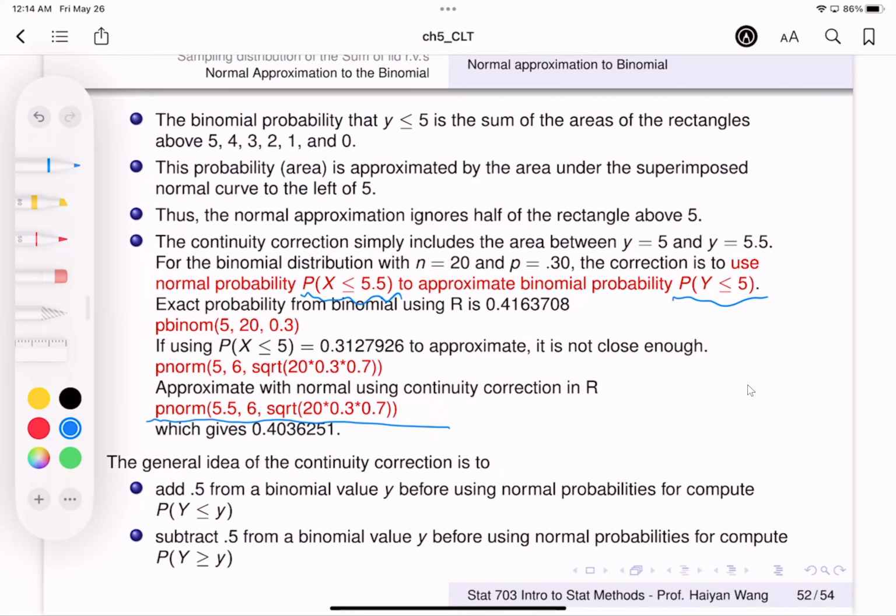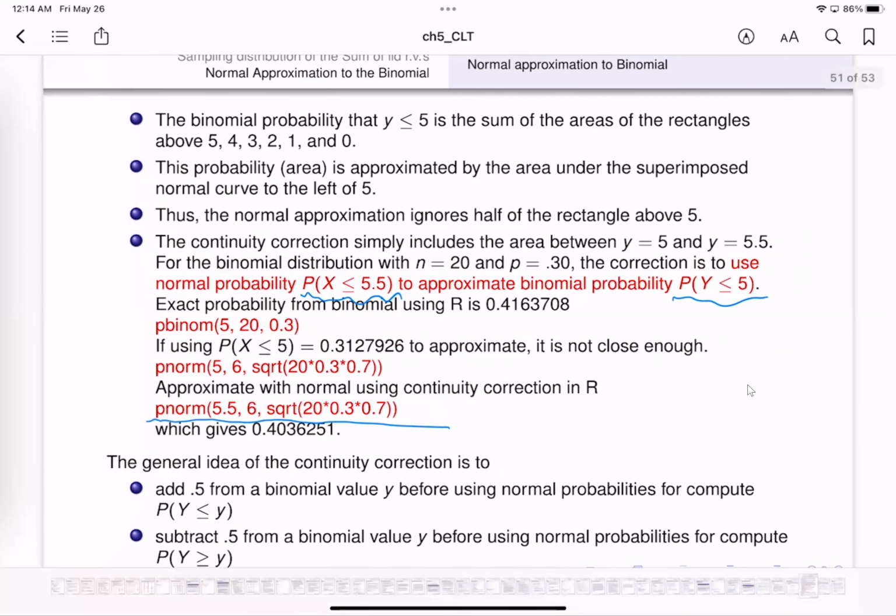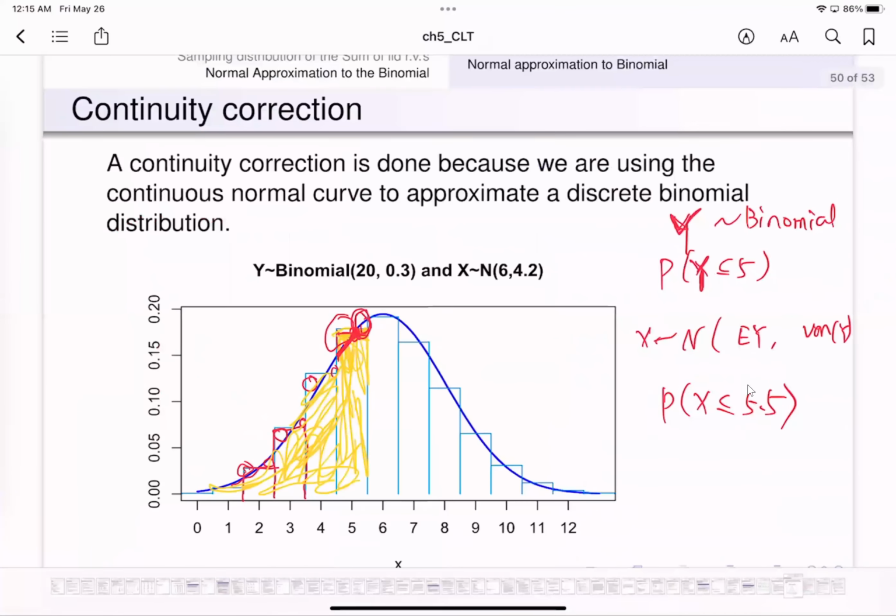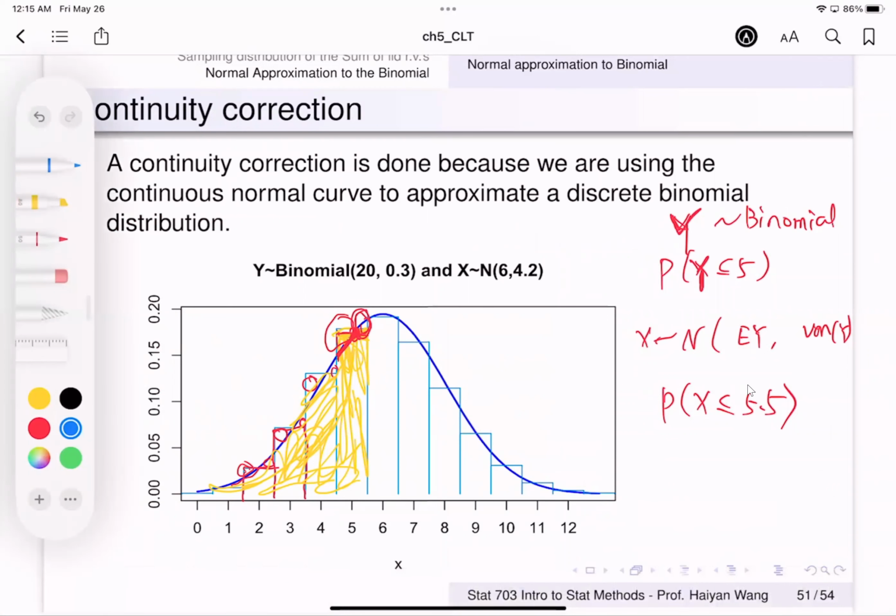Similarly, if we want to compute the probability of greater than or equal to, for example, greater than or equal to 9, we are considering all this blue part. But we are approximating with the red part here.